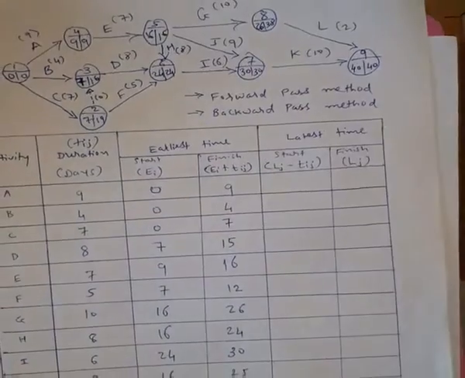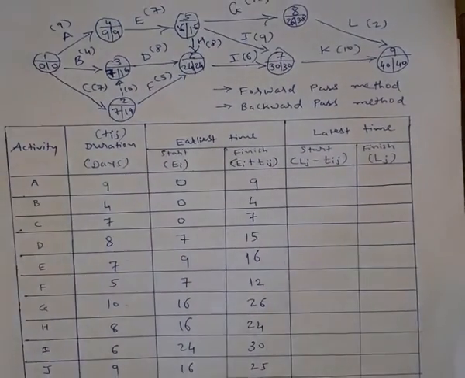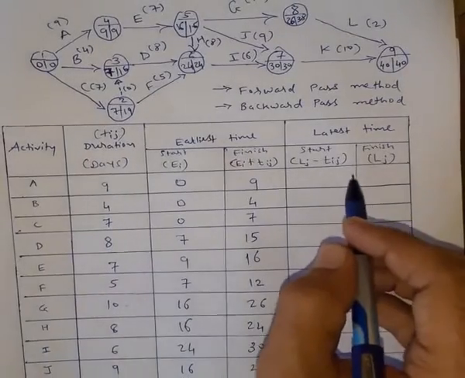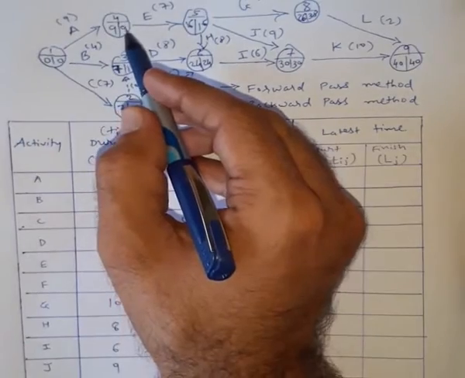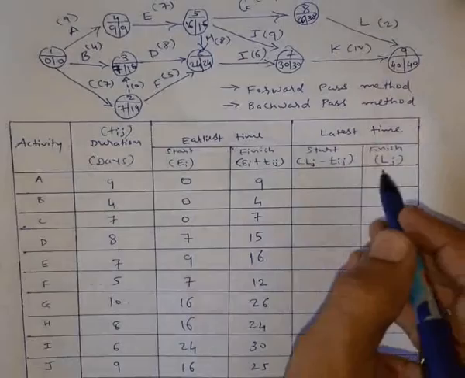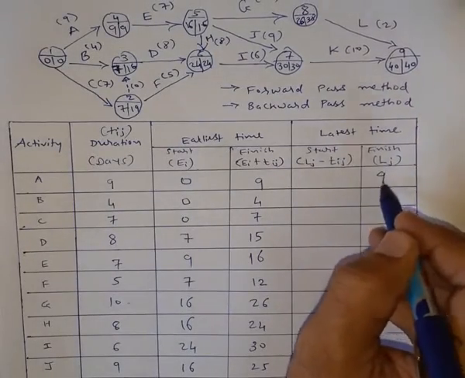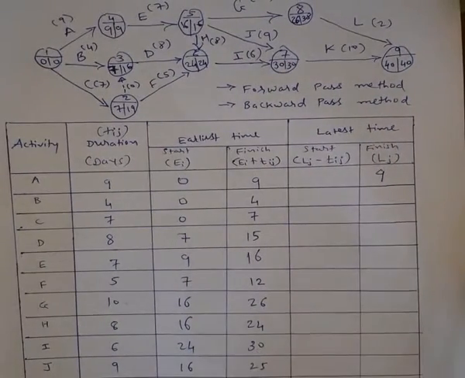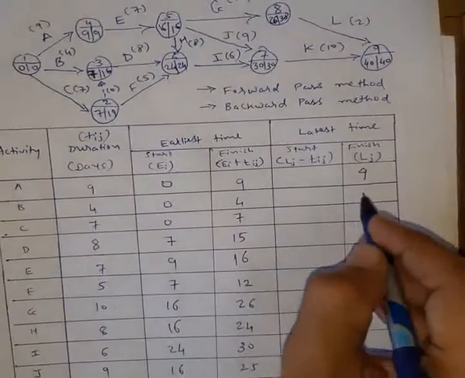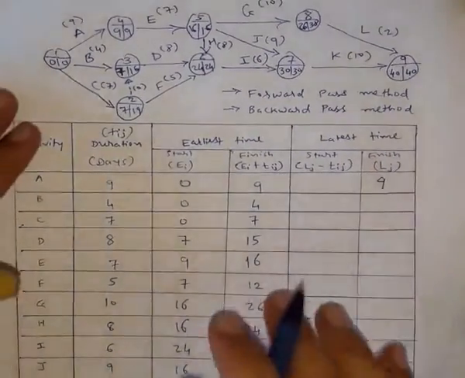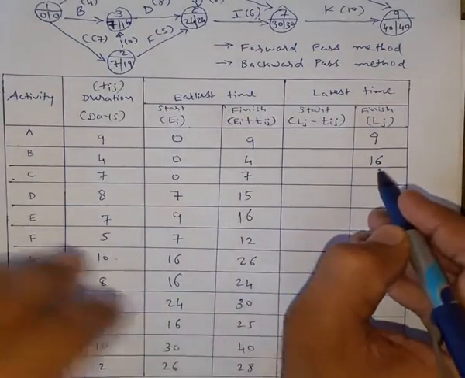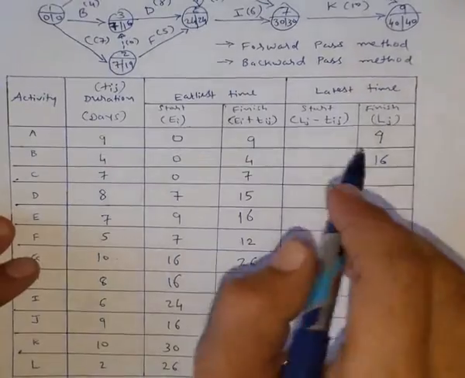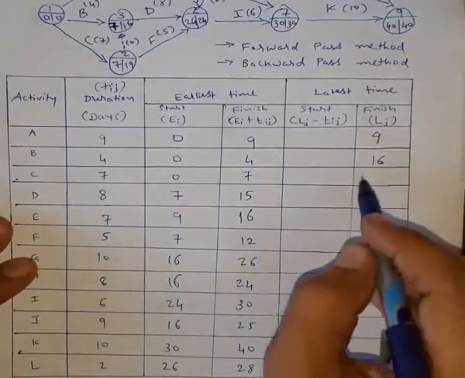So let us find for activity A. For activity A, you can see this is I, this is J, it is 9. For activity B, it is 16. For activity C, it is shown by 1 to 2, it is 19.